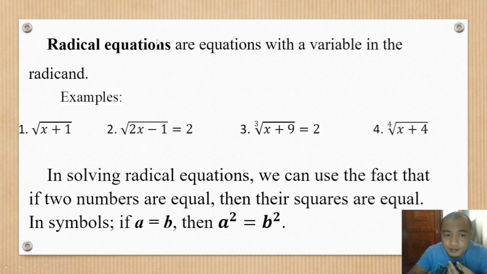For example, in number 2, we square both sides so that we get rid of the radicals, so that we can solve for x. In number 3, we're going to get the cube of both sides naman kasi cube root eh. So pag square root, we get the square of both sides. Pag cube root, we get the cube of both sides. Pag fourth root, we get the fourth power of both sides.